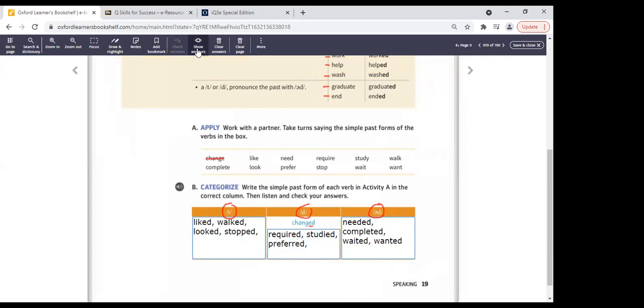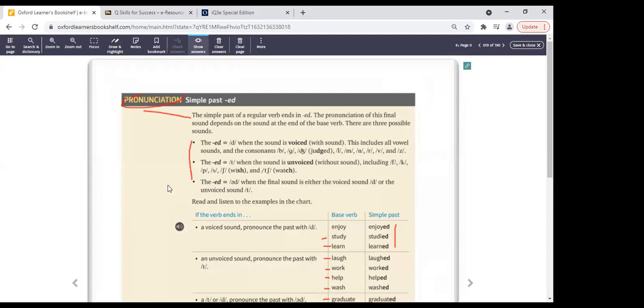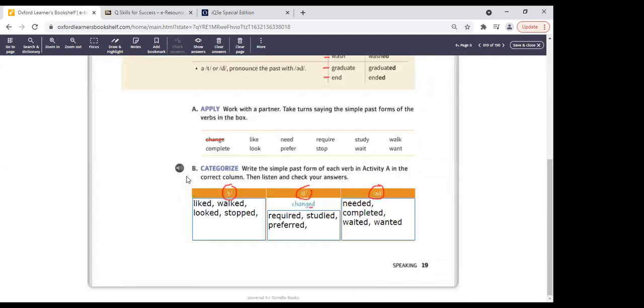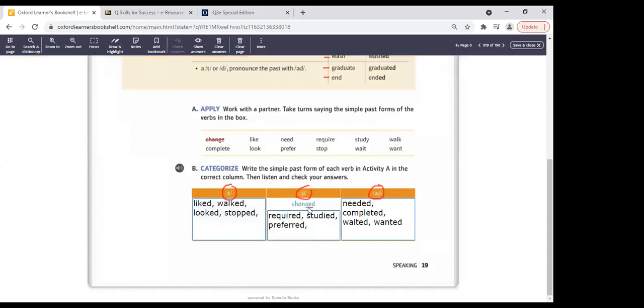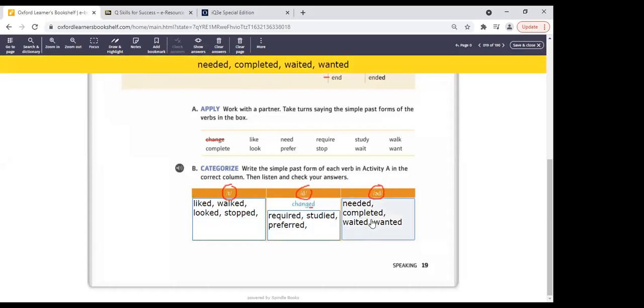Let's see, show answers. They're not going to show it. Okay, but these are the answers from the book. Liked, walked, looked, stopped. The D ones were changed, required, studied, preferred, and then ed: needed, completed, waited, wanted.